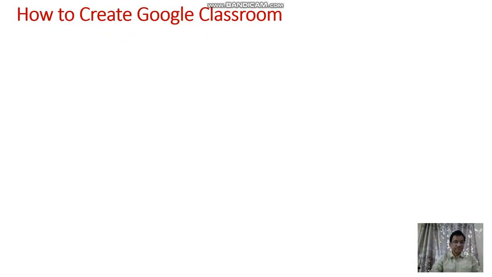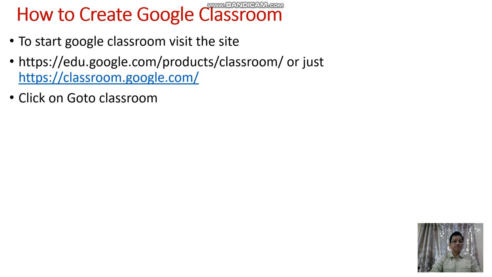Now we want to learn how to create a Google Classroom. To start a Google Classroom, visit the site at this domain name, http://education.google.com/products/classroom, or you can just type https://classroom.google.com and simply click on the button.